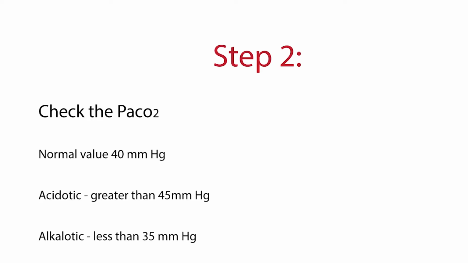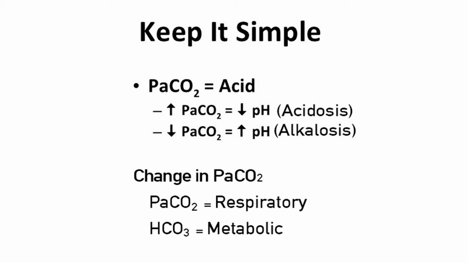Identify whether it is on the acidotic side, greater than 45 millimeters of mercury, or alkalotic, less than 35 millimeters of mercury. Elevated carbon dioxide lowers the pH, while decreased carbon dioxide increases the pH. Using this technique helps determine whether the primary problem is respiratory, involving PaCO2, or metabolic, reflected by bicarbonate.